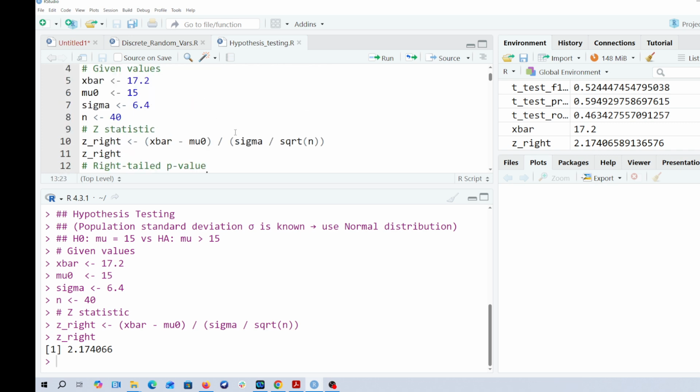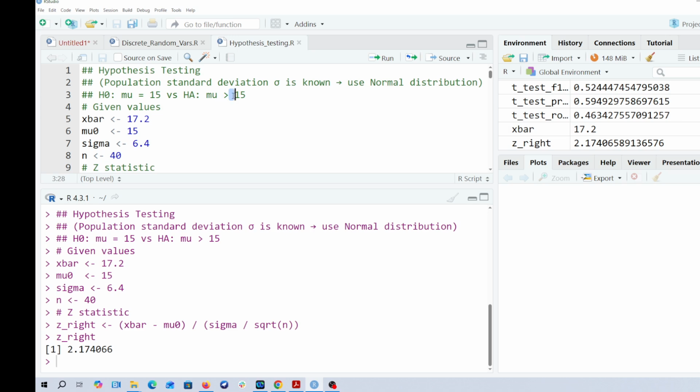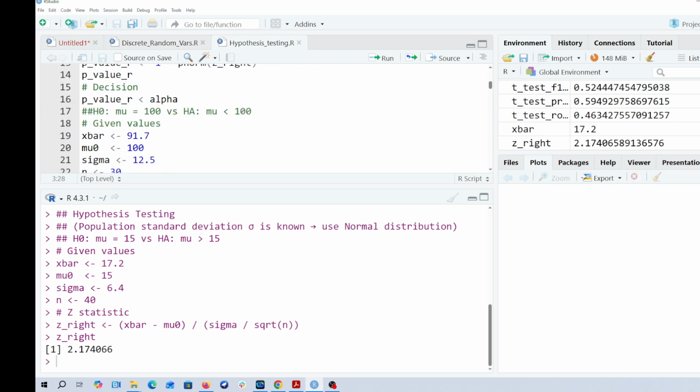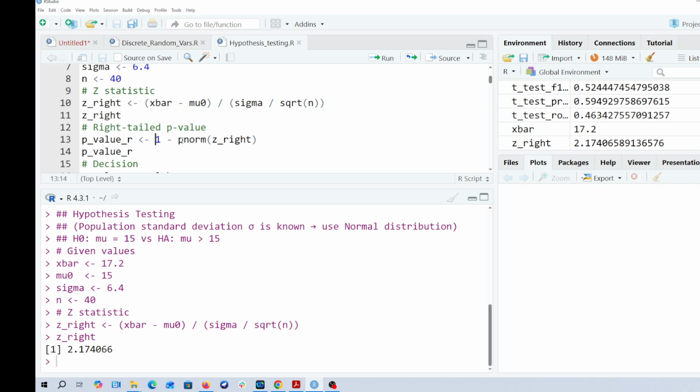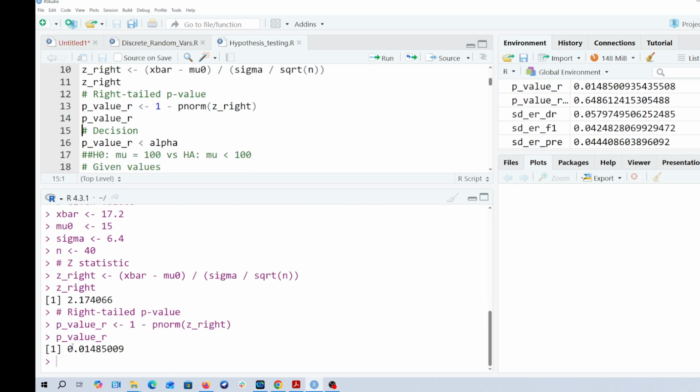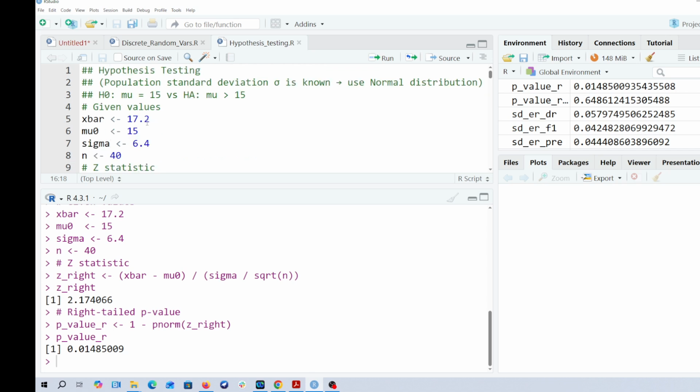Since the hypothesis here is towards the right, where we are looking at mu greater than 15, the p-value will be 1 minus pnorm of the z value that we calculated, because we are interested in the area to the right, which is 1 minus what we have on the left. If I run this p-value, we see that it should be around 10%. But to make a decision, we have to make sure that the p-value we calculated here is less than alpha, which is the 5% that we had.